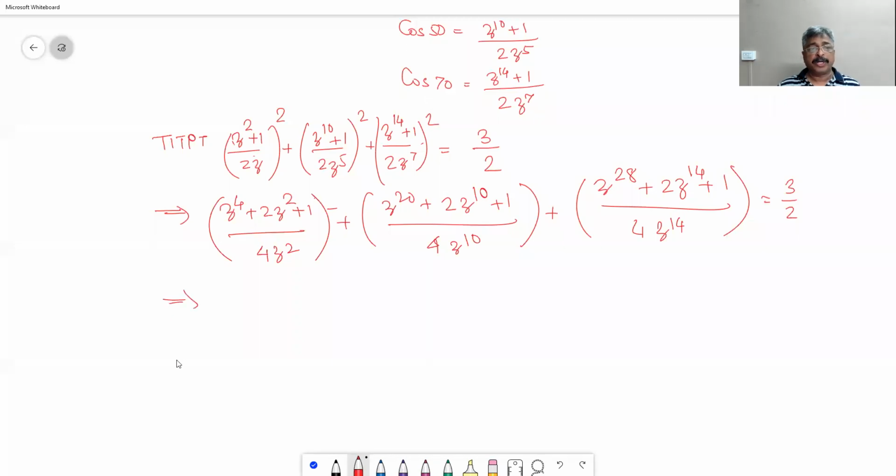So how do we go about it now? Suppose we make 4 z raised to 14 as a denominator. Then we are multiplying by 7 z raised to, no, what are we doing?